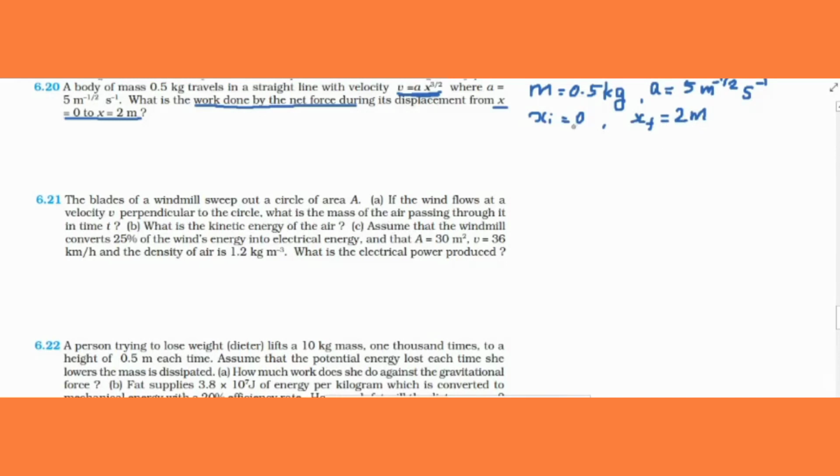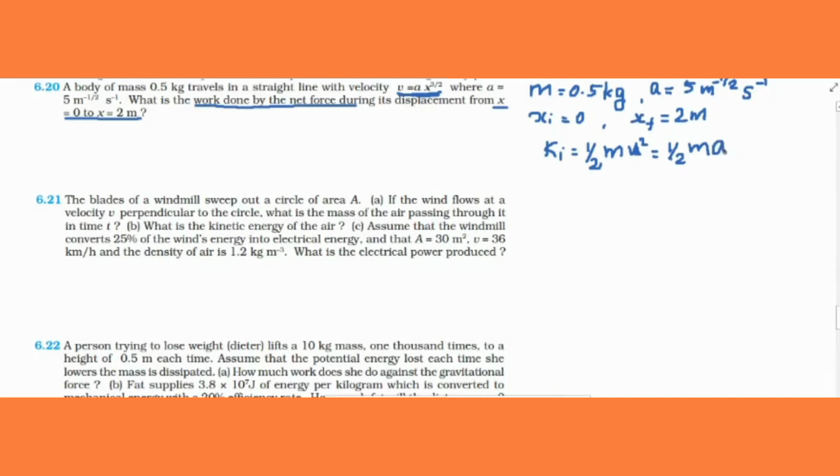So here we can calculate kinetic energy. Just calculate initial kinetic energy. Ki is equal to half m v square. Initial kinetic energy we can take u, half m u square is equal to half m into the value of v we can substitute there.